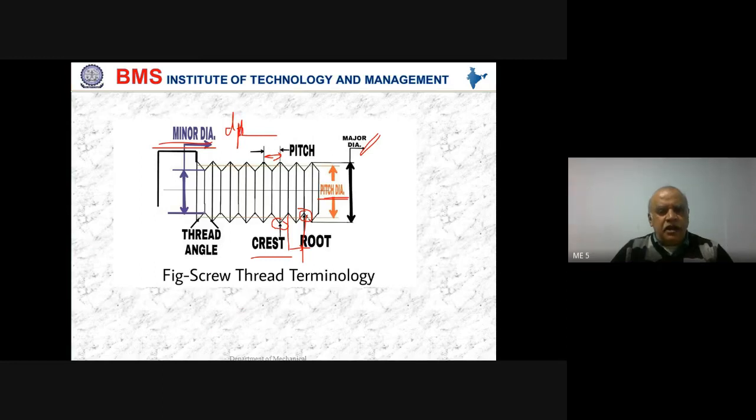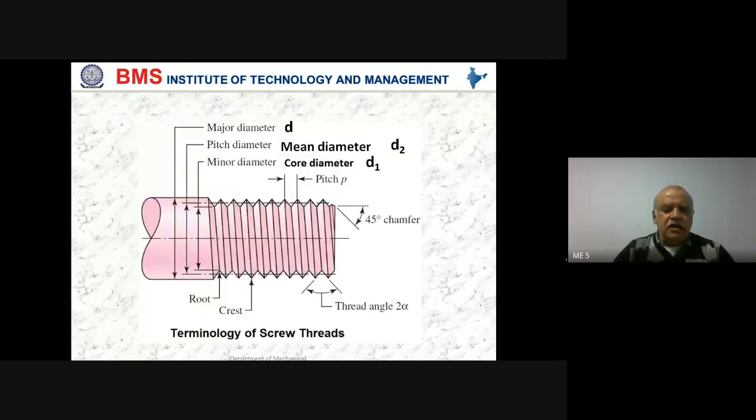The angle between two flanks is called the thread angle. Next, same thing over here with a little more detail: root, crest, pitch, major diameter, pitch diameter or mean diameter, minor diameter or core diameter D1.